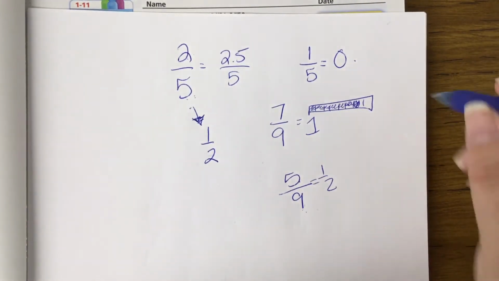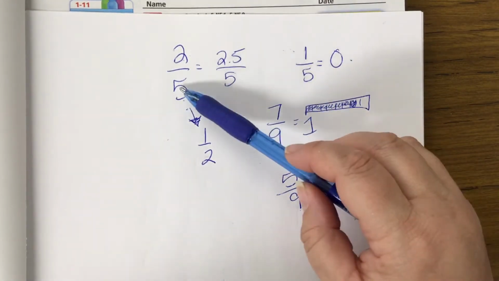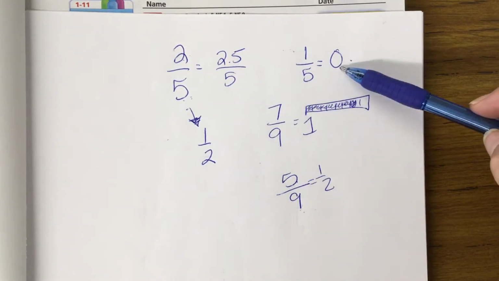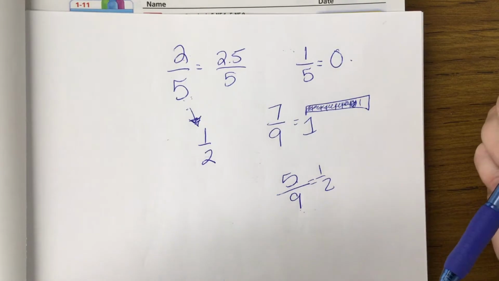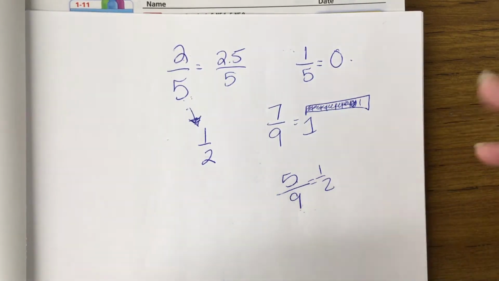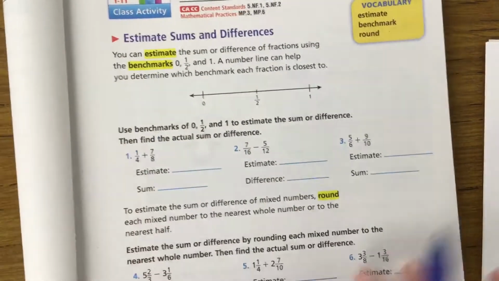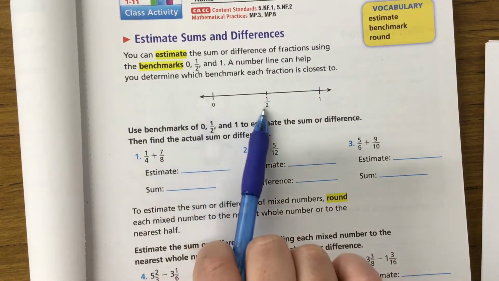All right, so we're going to use this idea of getting a fraction close to either 1/2, a fraction close to 0, or a fraction close to 1 to help us estimate and add and subtract. Okay, so let me show you what I'm talking about. All right, so using the number lines, and when it talks about a benchmark, it's saying 0, 1/2, and 1.